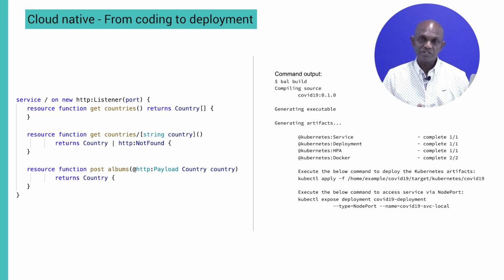So Ballerina addresses that by saying we are going to give you the ability to write a service, annotate it the appropriate way, and when you compile it, the compiler will generate all the necessary artifacts so that it can be immediately deployed into a cloud environment the way the developer wants it deployed. And obviously with configurability, and all the other aspects of it being enterprise grade, you can also push that out to further downstream decisions, because sometimes the developer is not the one who makes the decisions. That's of course supported as well.